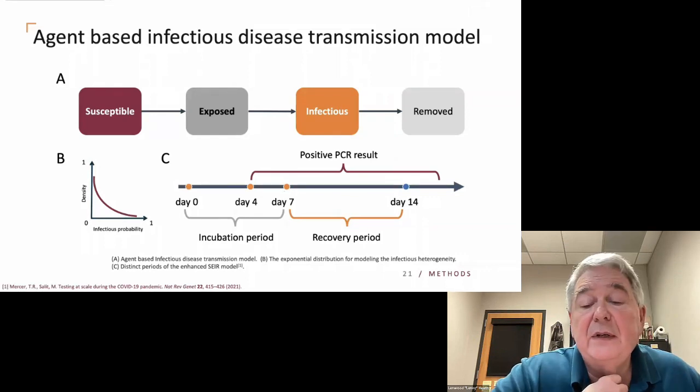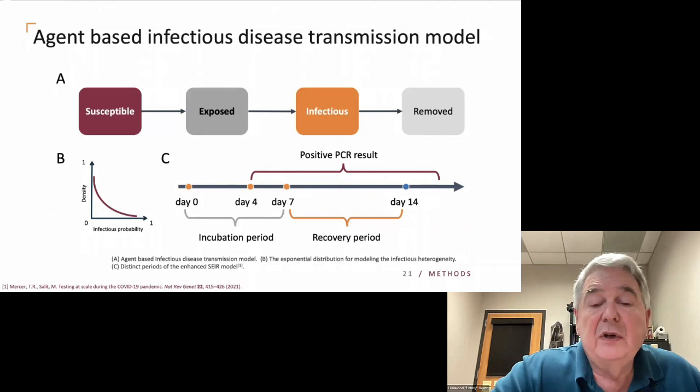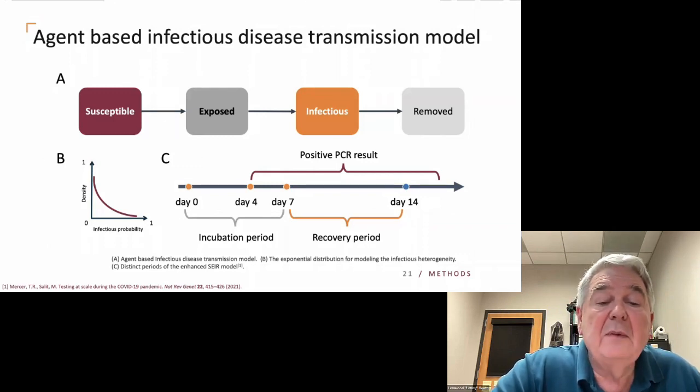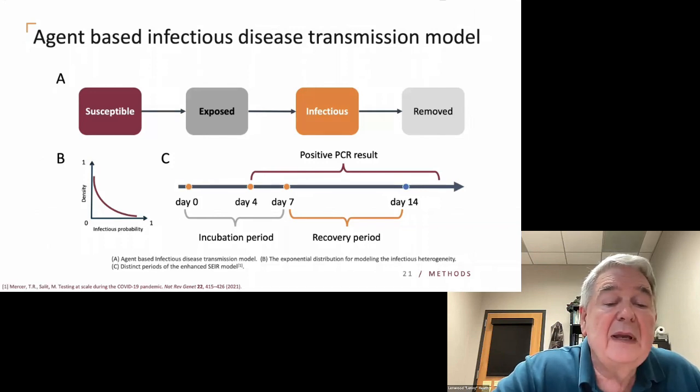The recovery period is given by a normal distribution, which we'll talk about in a minute, and the probability of passing the infection along to another individual who is adjacent is given by an exponential distribution.